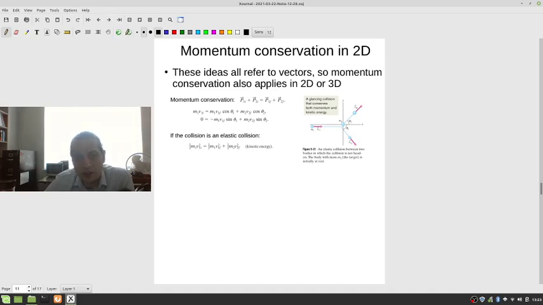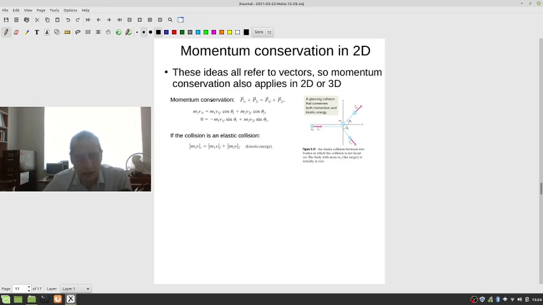Here in your book, they give a nice example where you have at the beginning a billiard ball, something like a cue ball, and this one comes at the other one. You choose your coordinate system such that it's just going along the x direction.